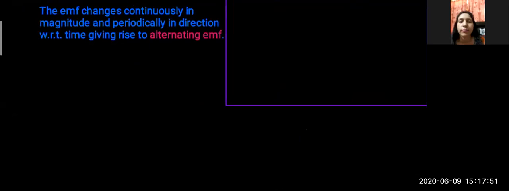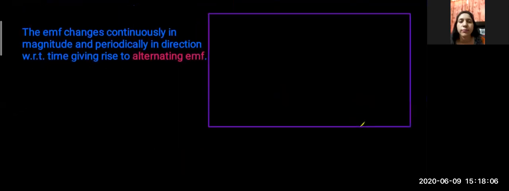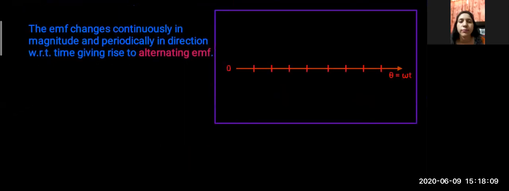The EMF changes continuously in magnitude and periodically in direction with respect to time, giving rise to alternating EMF. So from this figure, on the x-axis theta equals omega t: pi by 2, pi, 3 pi by 2, 2 pi, 5 pi by 2, 3 pi, 7 pi by 2, 4 pi, and the time is T by 4, T by 2, 3T by 4, T, 5T by 4, 3T by 2, 7T by 4, and 2T.